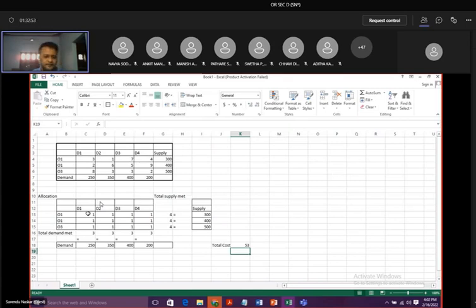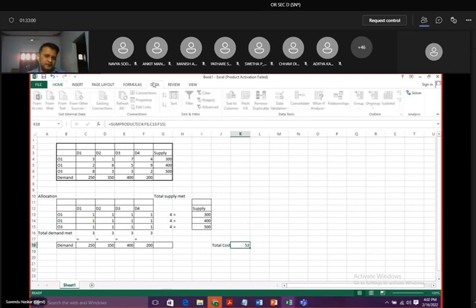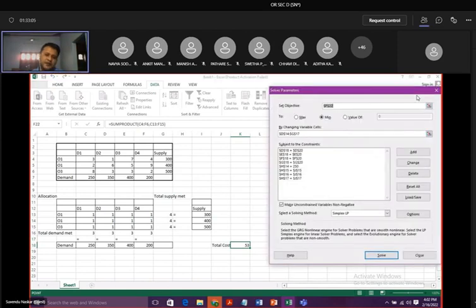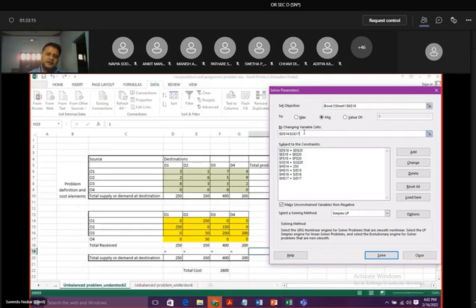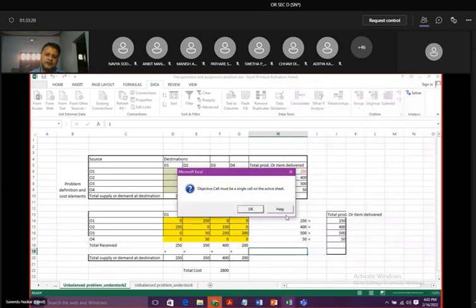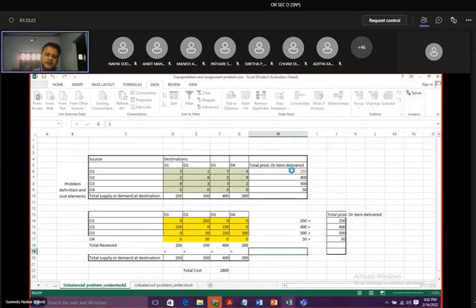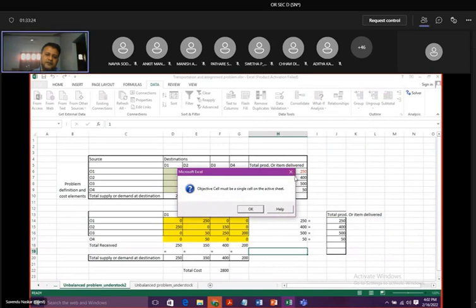Now what should I do? I use solver. Is this a maximization or minimization problem? I minimize this cell. One second, something was already running.